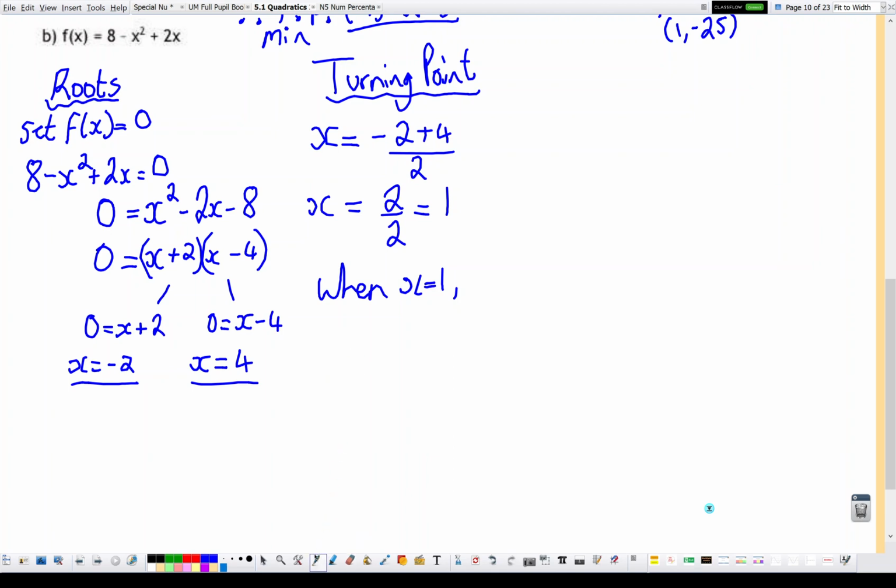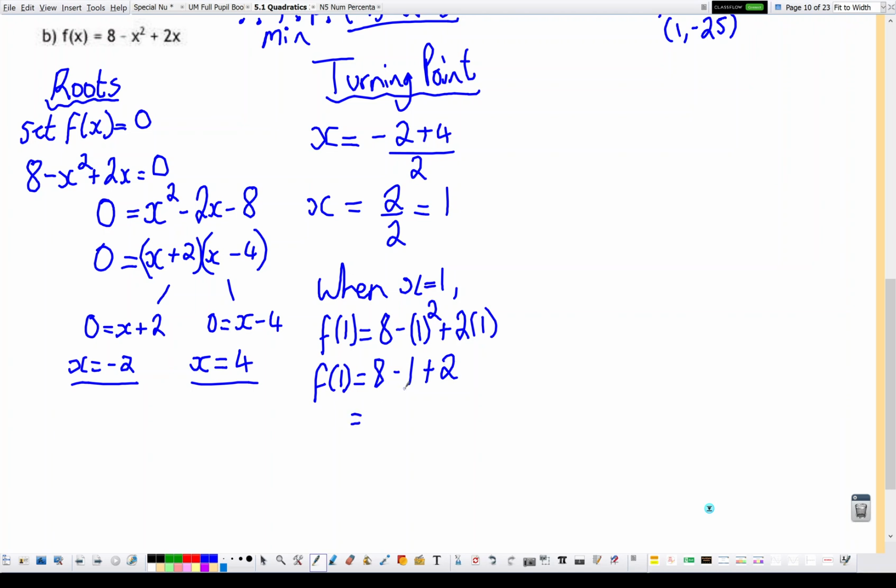So we're doing f of 1. A little bit of functions practice. So 8 minus 1 squared plus 2 times 1. Just substituting 1 in for our x in our original function. So f of 1 equals 8, 1 squared is still 1, plus 2 times 1 is plus 2.